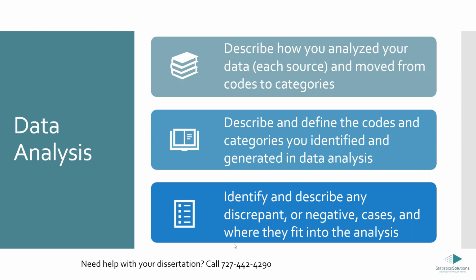Others do want a definition of what was contained in each code. So be sure to check on that, because some of the clients I've had have had between 150 and 180 codes. I think the largest client I had came to me with a code book with 447 codes.